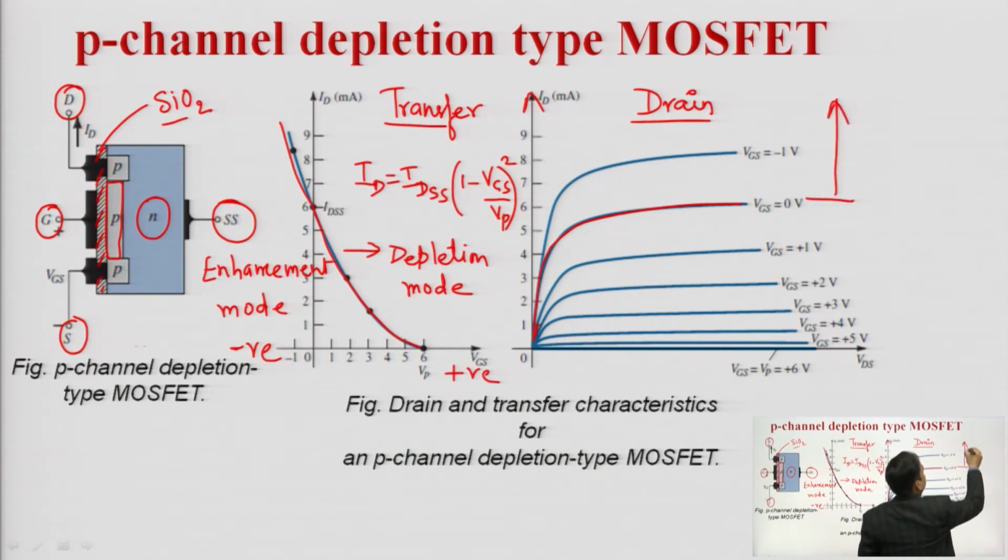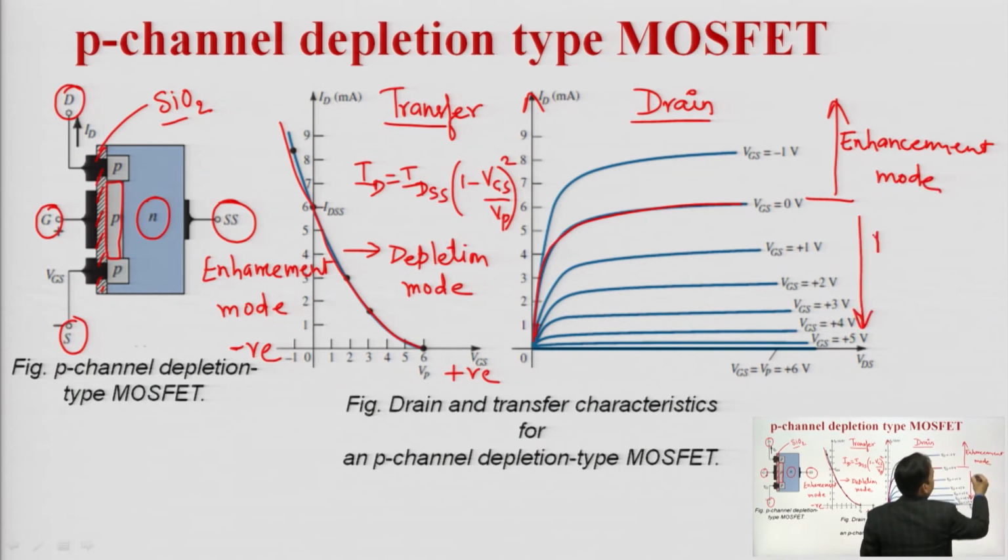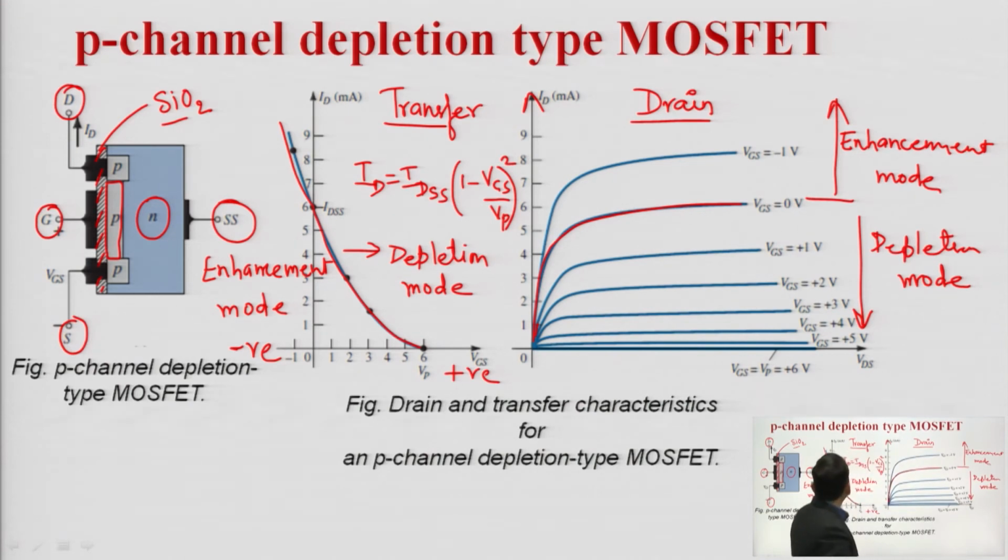This region is enhancement mode, and this region is known as depletion mode, and clearly VDS will be negative. So, these are the transfer and drain characteristics of the P channel depletion type MOSFET. These characteristics are just the reverse of those of the N channel depletion type MOSFET.